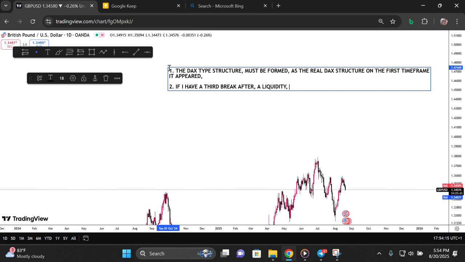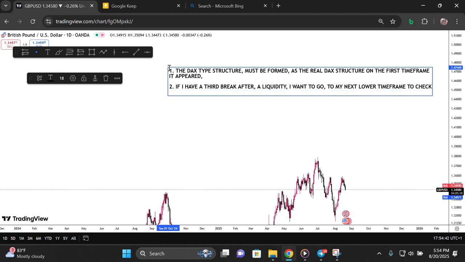If I have a third break after that liquidity, I want to go to my next lower time frame. Please take note, next lower time frame, not time frames. Just one next lower time frame to check if I have what I call a DAX type structure.